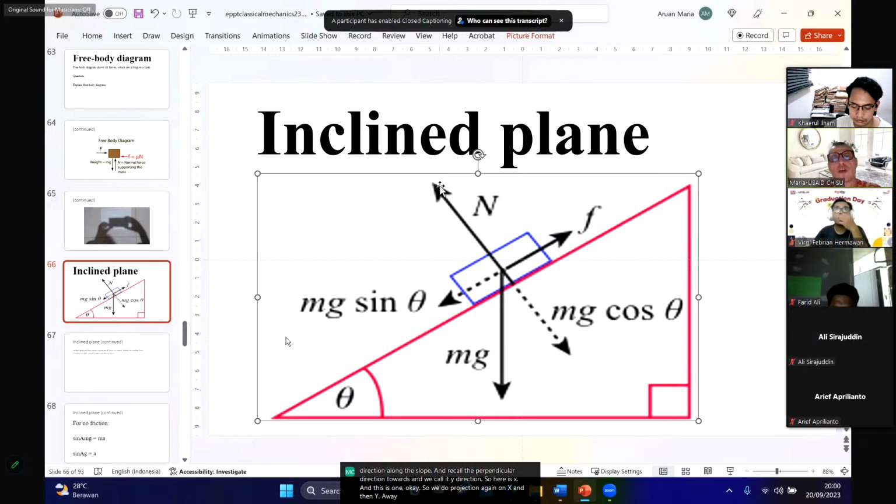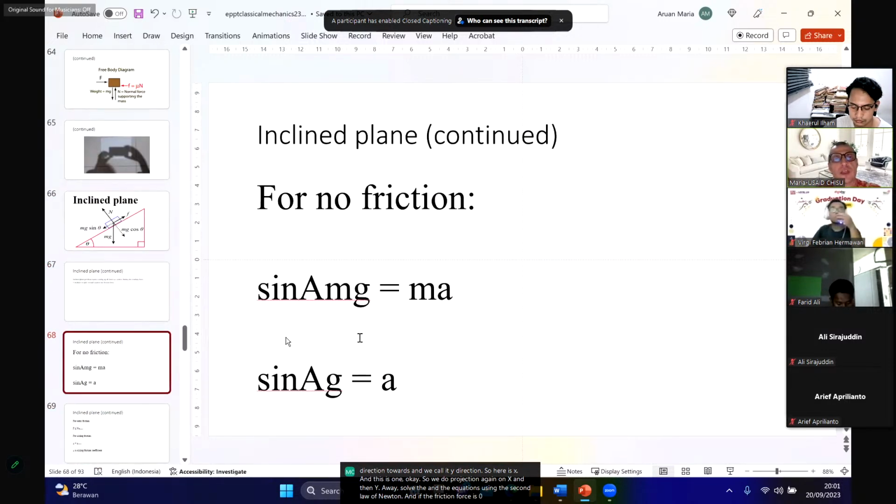We solve the equations using the second law of Newton. If the friction force is 0, then these are the solutions, right? Sine A times mg is equal to ma, slide number 68. M cancels out, so therefore acceleration is going to be equal to sine A times g.